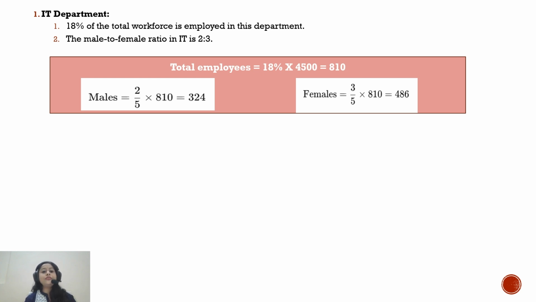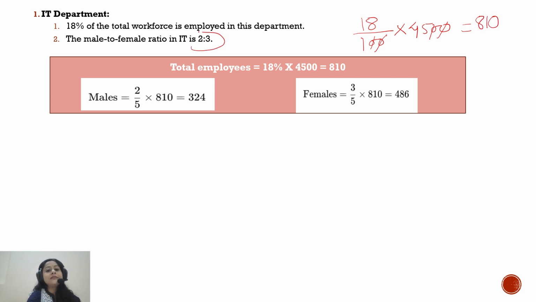The male to female ratio is 2:3. How will we find out? The same formula. 18% means 18 by 100 into 4500 will give the total workforce in IT department. So 18 into 45 will give you 810, right?